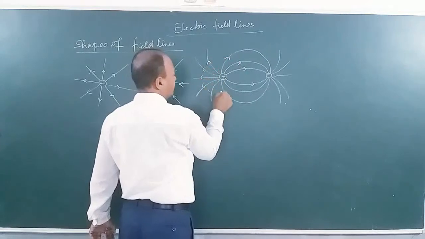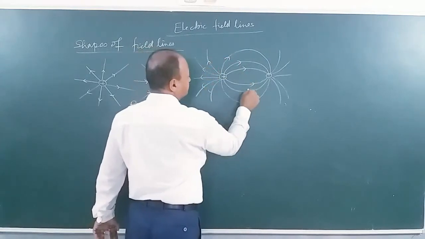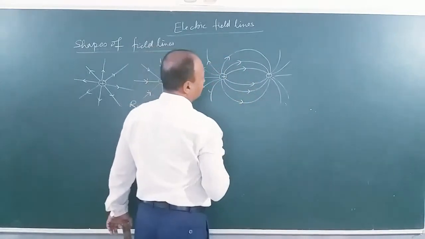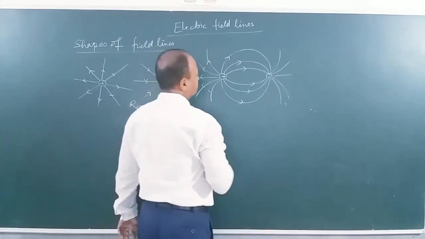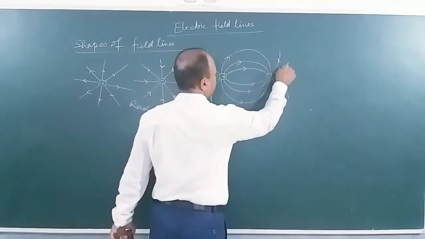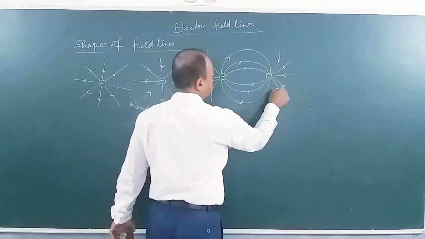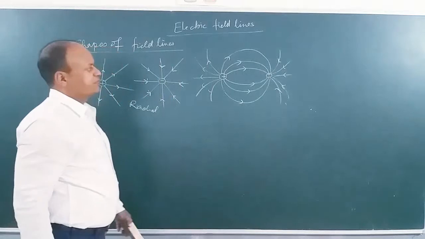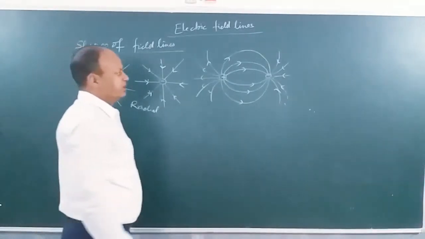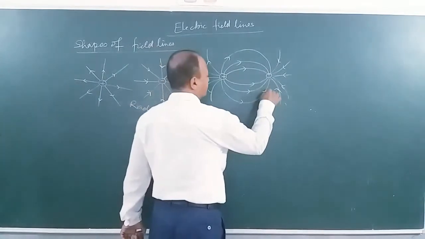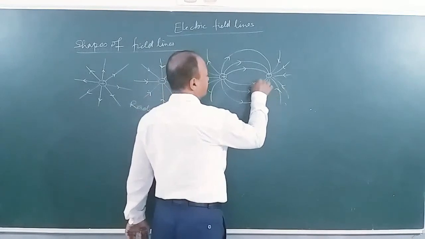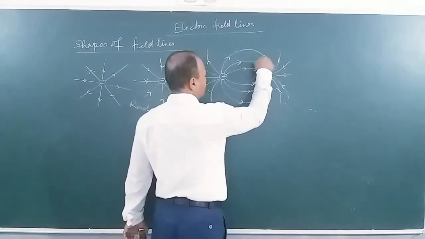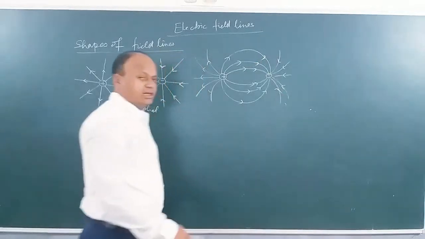So this is how they will go, and they go into the negative charge. So this is for you to remember carefully: the lines will go away from the positive charge and into the negative charge.